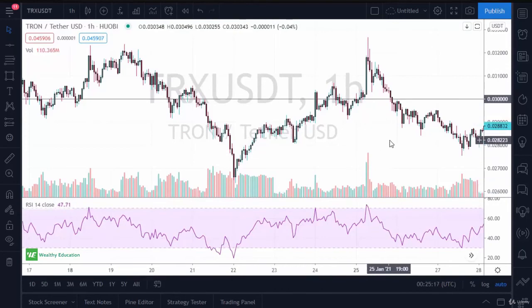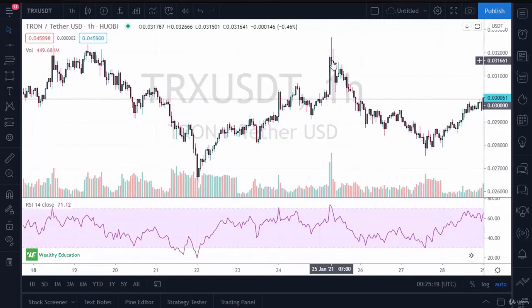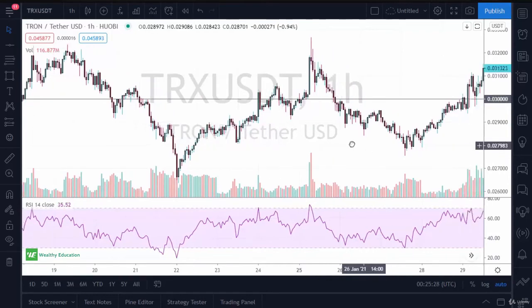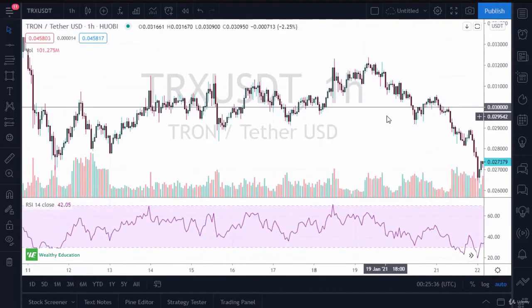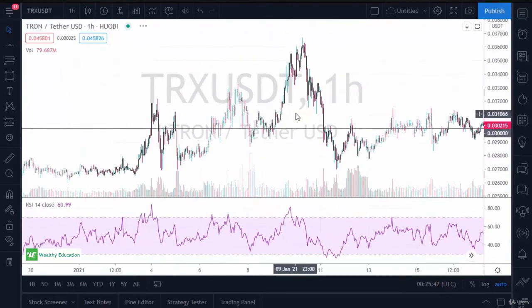That's 0.3 cents. Overbought at 3.2 cents. You're looking for probably a move to 3. This is completely overbought. This gives you a little bit more of an opportunity for a move. But again, very difficult to trade this type of market in these short time frames.